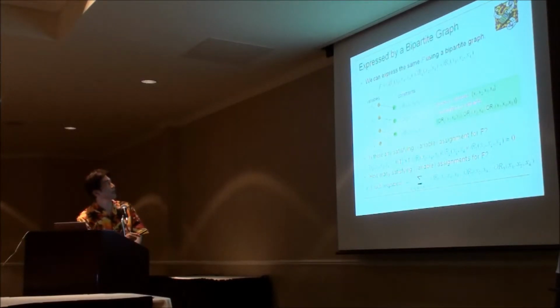Another way to look at the same formula is to draw the bipartite graph. On the left side of the graph, we attach the variables, and to the right side of the graph, we attach the constraints. So the first question, the decision version of the CSP, asks whether the multiplication of the three ORs lining up on the right side of this graph is not equal to 0.